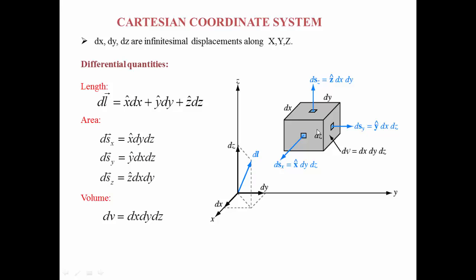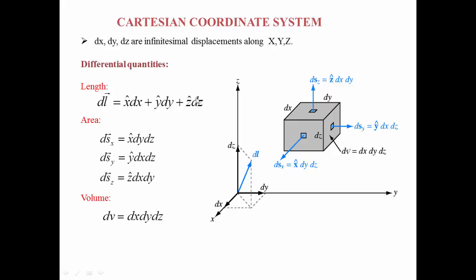Due to these changes, what is the effect on length, area and volume? The change in length is dl, sometimes called the differential length. This is the addition of the changes in all directions: dx in the x direction, dy in the y direction, and dz in the z direction.